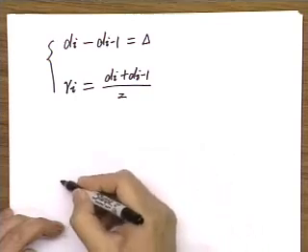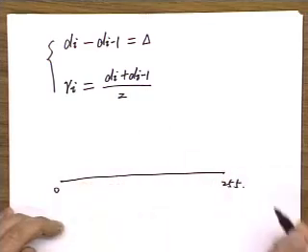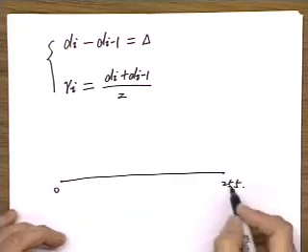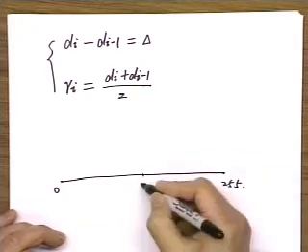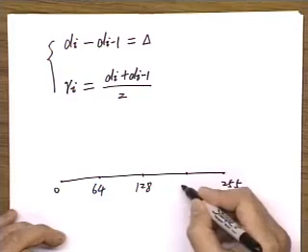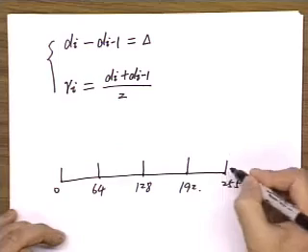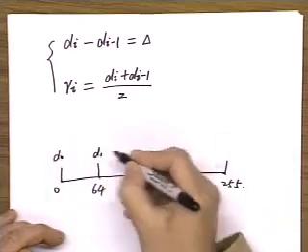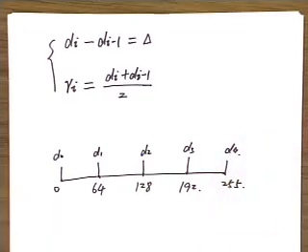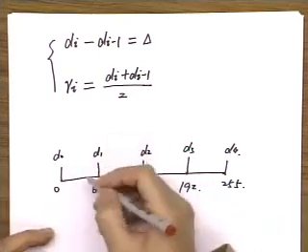Here we have F from 0 to 255, and we have 4 levels. We evenly divide this interval, so we get 64, 128, and 192. These are the decision boundaries, from D0 to D1, D2, D3, D4. The reconstruction level is just the middle point of two neighboring decision boundaries.